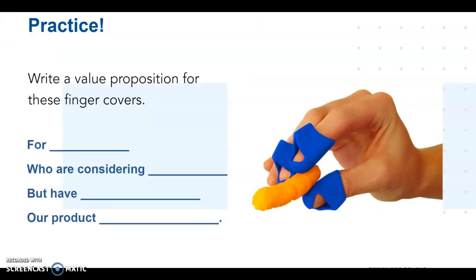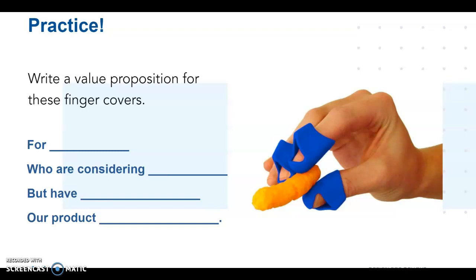You can go ahead and test one out on your own. So you see these little blue silicone finger nubbins for somebody who's eating a cheesy type snack. Go ahead and pause the video and see if you can come up with your own value proposition for this particular product.